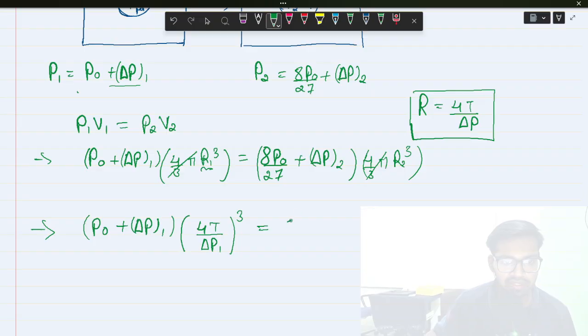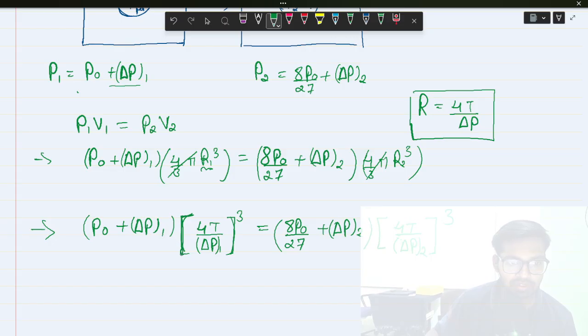Similarly, 8 P naught by 27 plus delta of P2 times R2 cube, where R2 is 4T divided by delta of P2, and we take the whole cube of this, with the complete bracket.